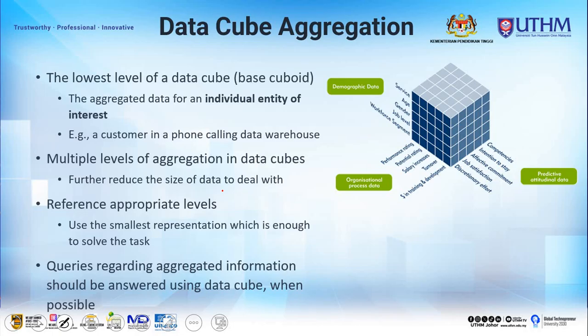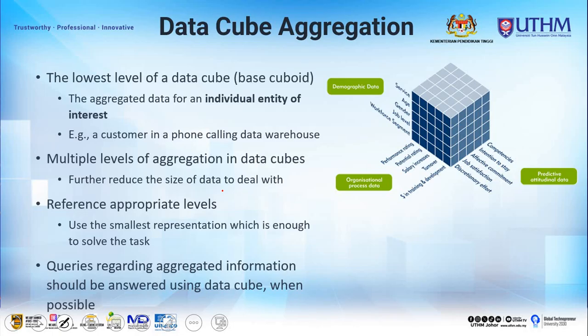Next is preference for the appropriate level. This uses the smallest representation of data that is sufficient to solve the task. Why? Because using higher level aggregation when possible reduces the computational overhead and improves the query performance.